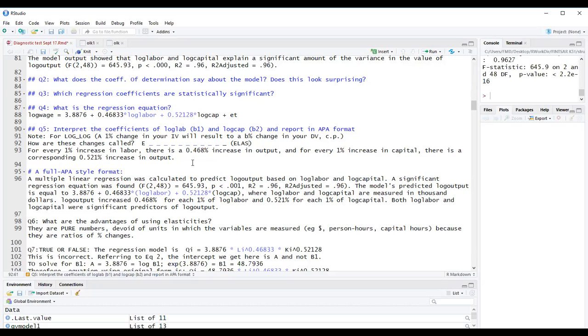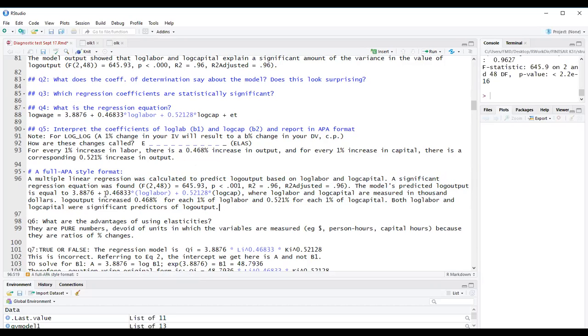Okay, that's your log, guys. Now, kunyari, sumusulat na kayo ng paper, ito na yung full, pag nire-report nila kunyari yung regression output. This is just one sample. So let me just read this quickly. A multiple linear regression was calculated to predict log output based on log labor and log capital.